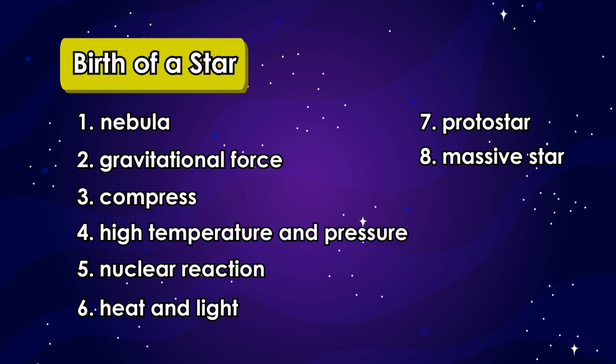By using these 8 keywords, try to remember the process of how a star is born. Try to share with your friends or family members about the formation of a star.